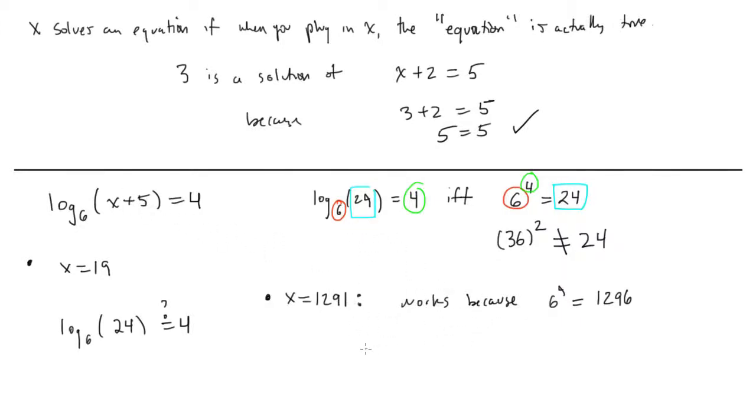So I've got 1291 plus 5, so the log base 6 of that equals 4, because 6 to the 4th does in fact equal 1291 plus 5, or 1296.